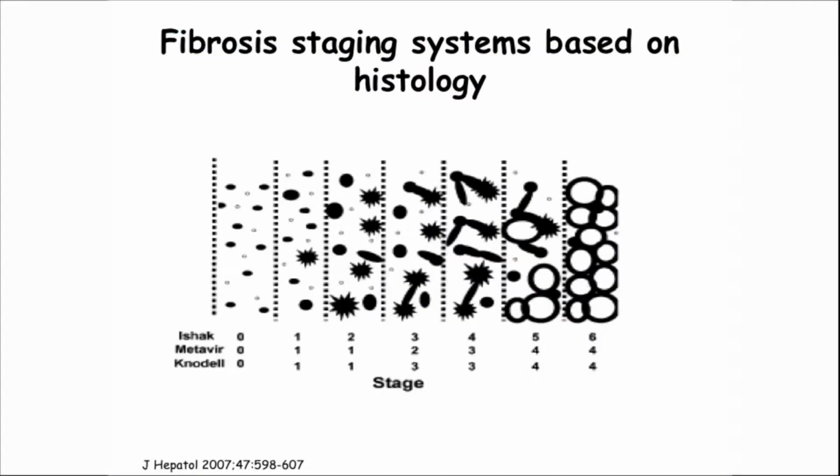that we have, which is the Metavir score, where 0 is no fibrosis. Then you've got portal fibrosis. It then works out from the portal tracts, and you start to get portal bridging, and then you start to get portal central bridging, and then eventually it all ends up in nodule formation or cirrhosis.